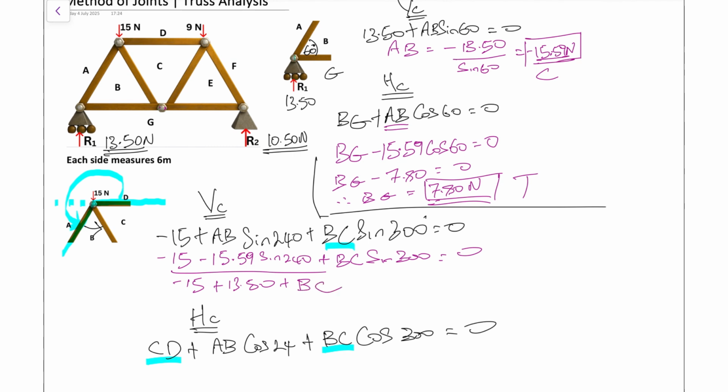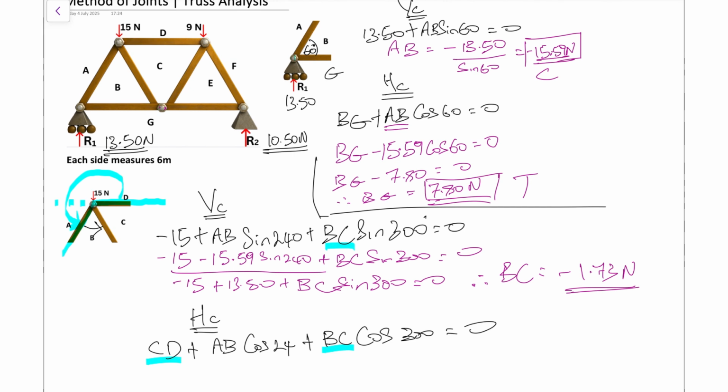In the next step, I'm just going to get to the answer for BC, just to shorten things a little. So BC would be equal to, we're just going to transpose that bit there, negative 15 plus 13.50, and divide that by sin 300 to get BC, and that would be negative 1.73. I've just cut to the chase to save some space and speed things up a bit.